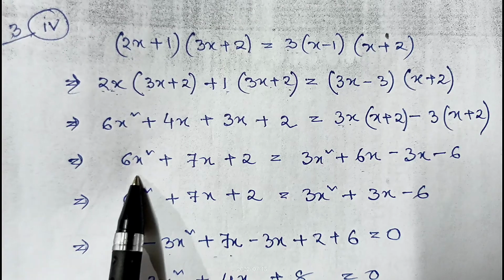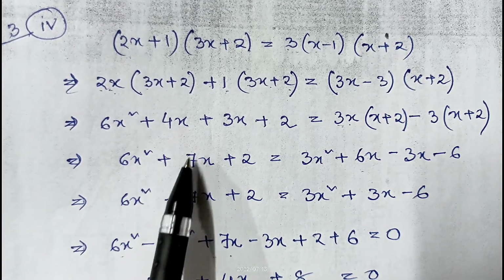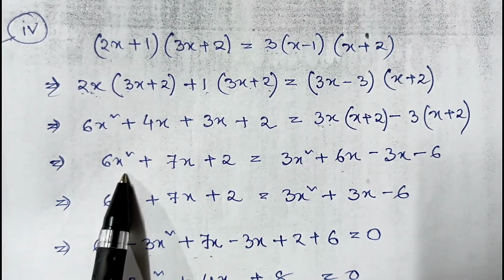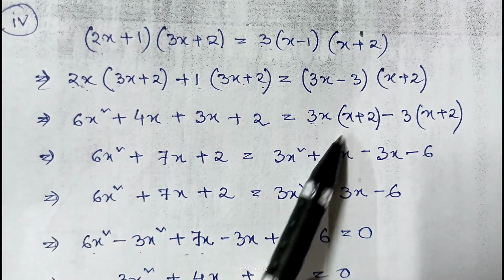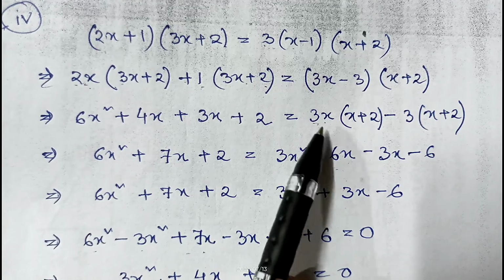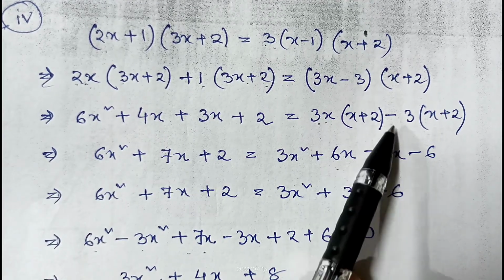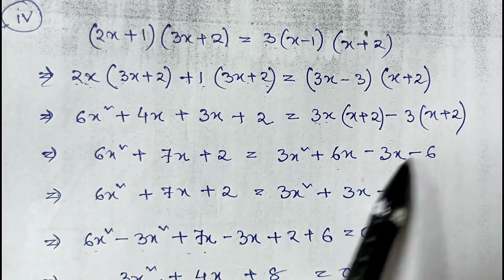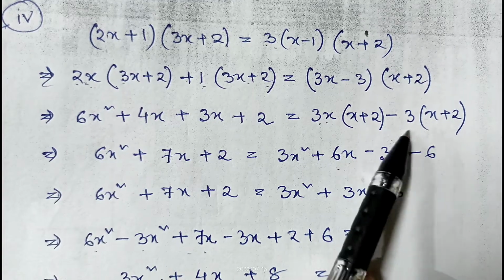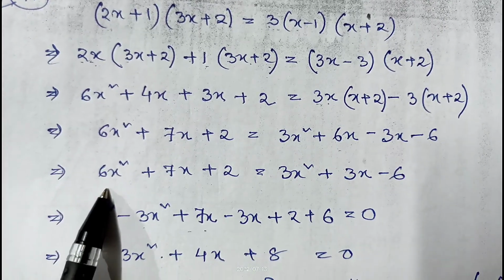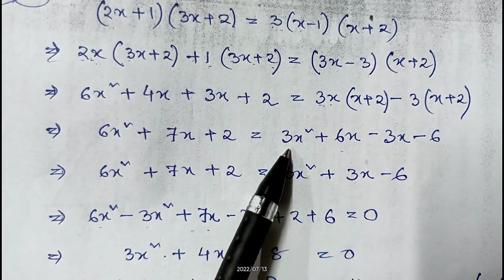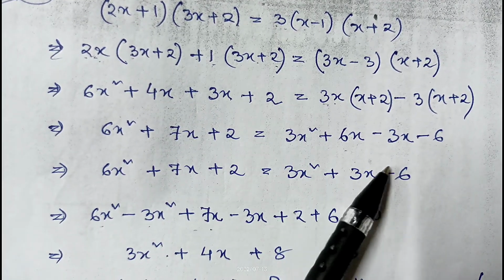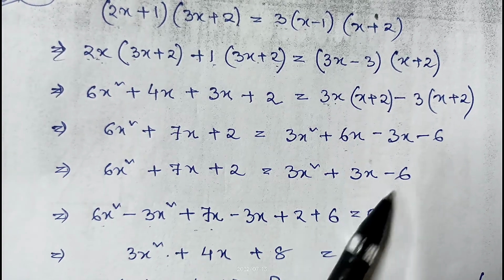So it will be 6x square, 4 plus 3 will be 7x. So 6x square plus 7x plus 2 equals to 3x into x, 3x square, plus 3x into 2, 6x, minus 3 into x, 3x, plus minus 3 into 2, minus 6. So it will be 6x square plus 7x plus 2 will be 3x square. 6x minus 3x will be 3x minus 6.